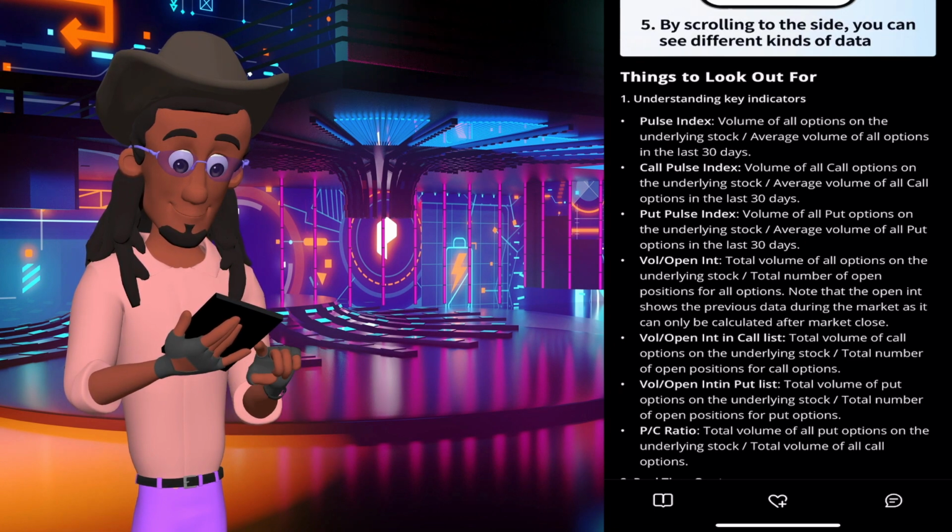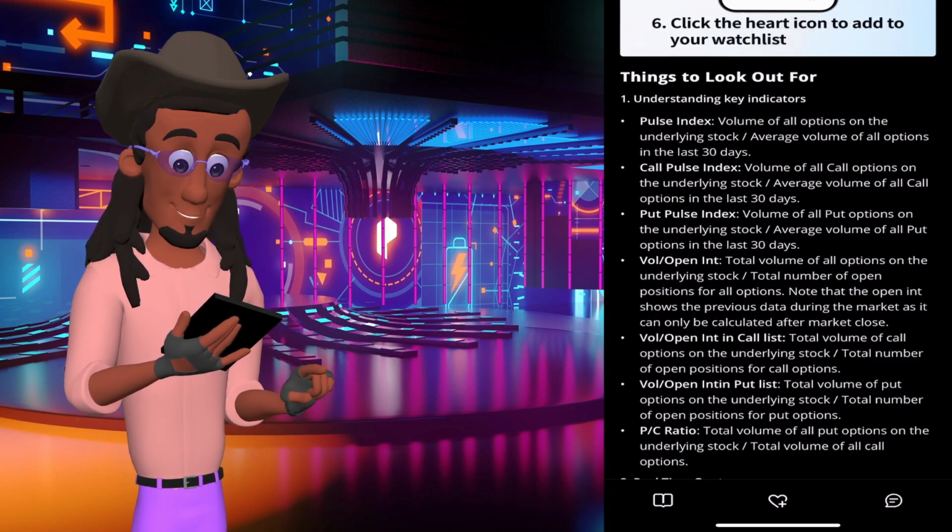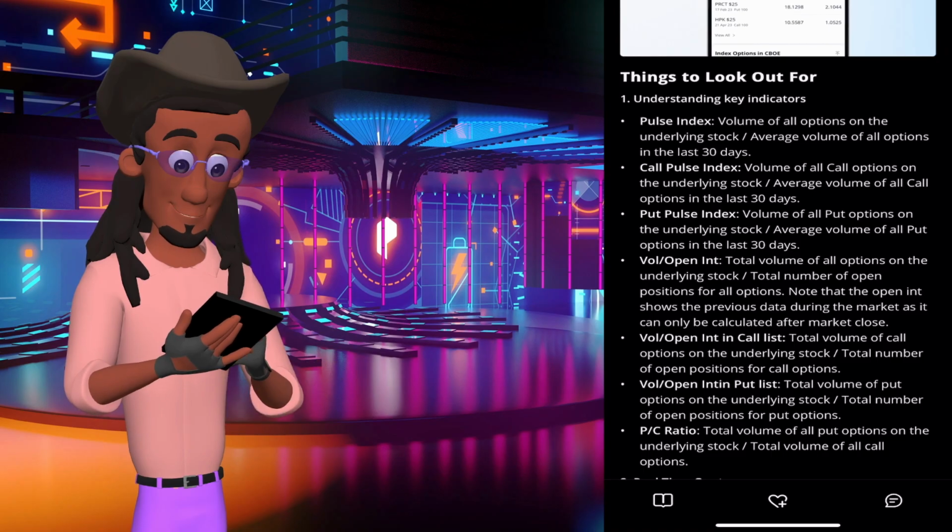So instead of you whipping out a calculator, you can look at the list and know that these stocks on this list represent stocks which have a volume of all options divided by the average volume of all options in the last 30 days. And it's giving you some unusual activity.